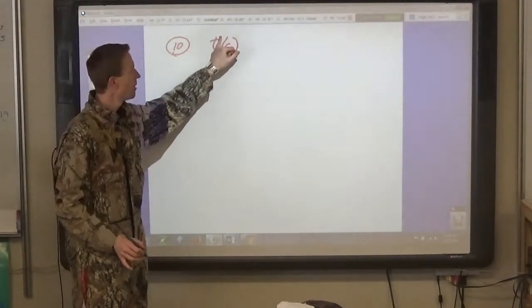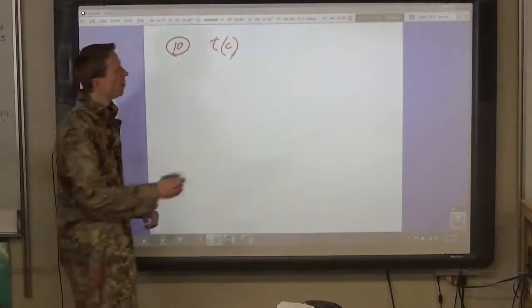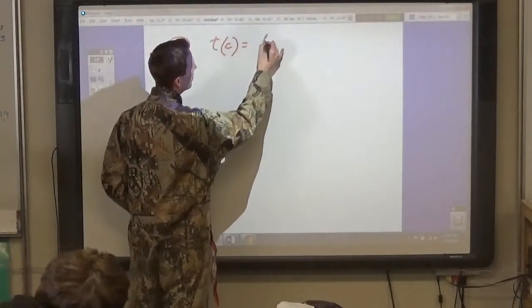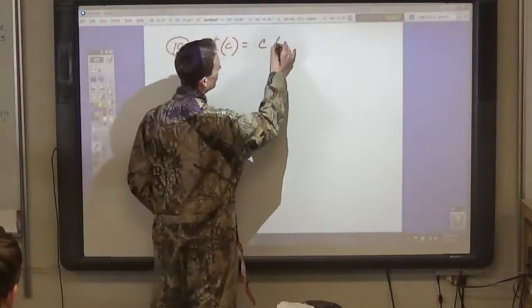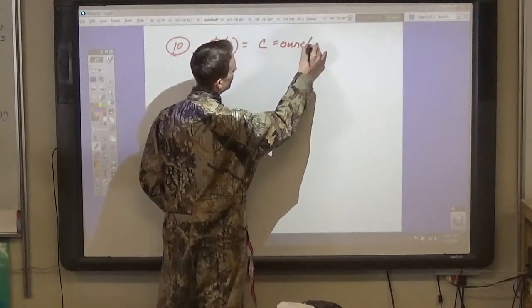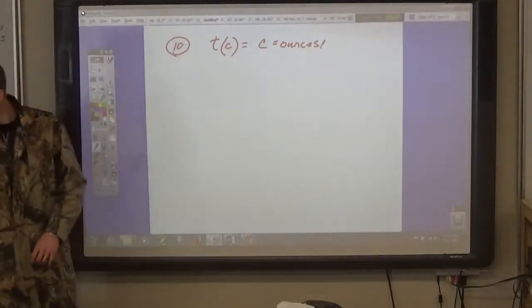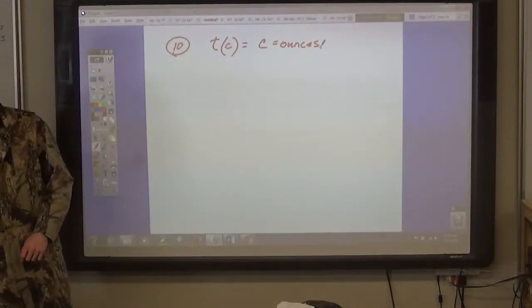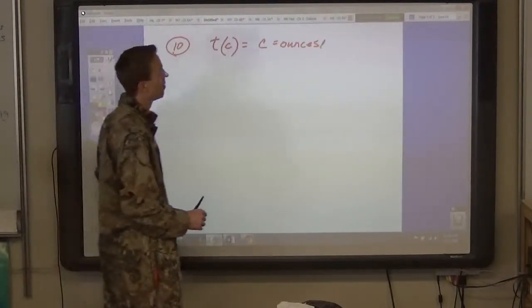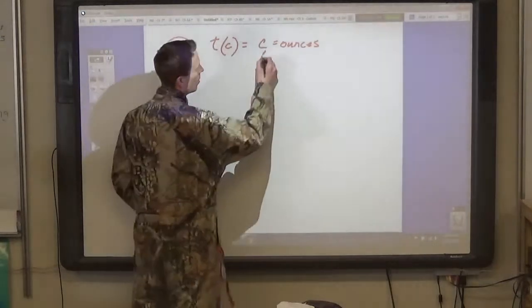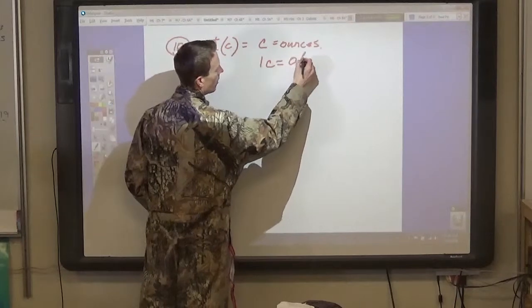Ready? Number 10. T of C, where C is the number of ounces of cinnamon, if each ounce costs 79 cents. All right? And 1 C equals 0.79.